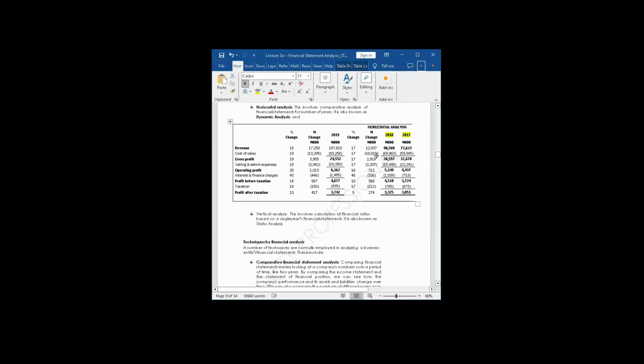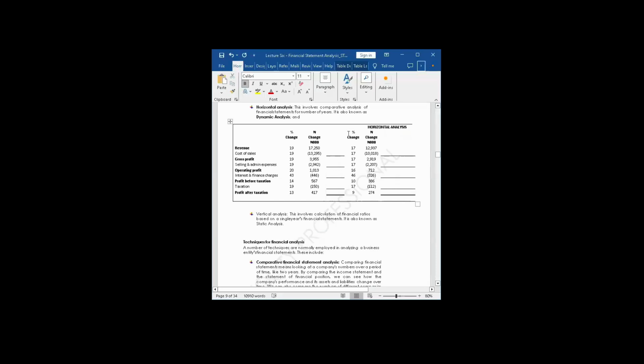When you are doing it in the exam, you might not need to repeat the actual figures again. This might just be what you will have.